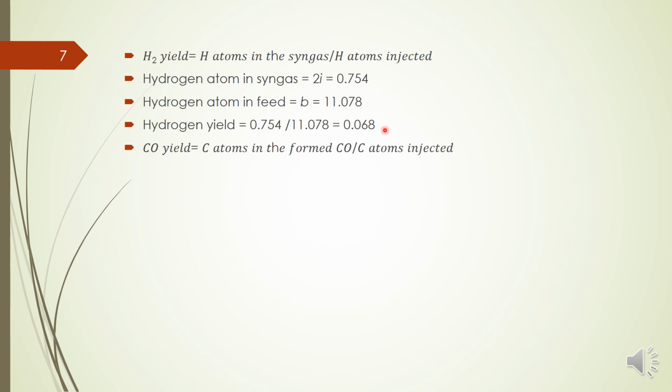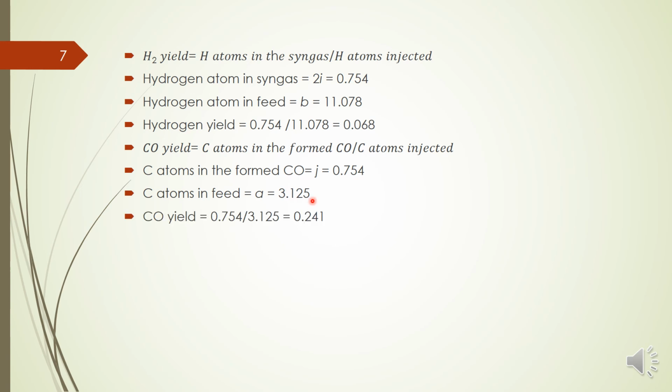Similarly, we can find out the CO yield. CO yield is the carbon atom in the formed CO, that is, in the syngas, what is the carbon atom present in carbon monoxide, divided by carbon atom in the biomass. So carbon atom in the syngas is 0.754 moles, divided by carbon atom in biomass, 3.125.